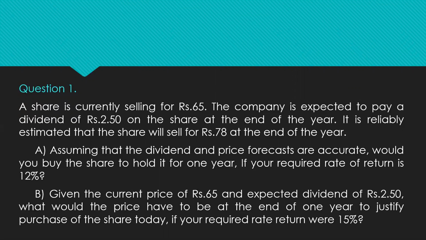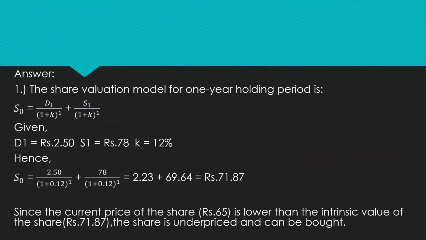So we need to make a decision as to whether we should buy the share for rupees 65 right now or just not do anything. To do that, we are going to calculate the intrinsic value using the D1 value, which is 2.50, the S1 value, which is 78, and the K value, which is 12%. Applying all that into the formula, we get 2.50 divided by 1 plus 0.12, plus 78 divided by 1 plus 0.12, which is rupees 71.87.